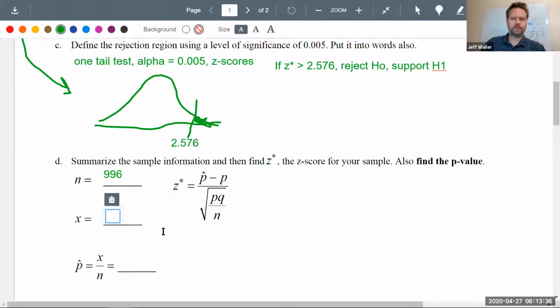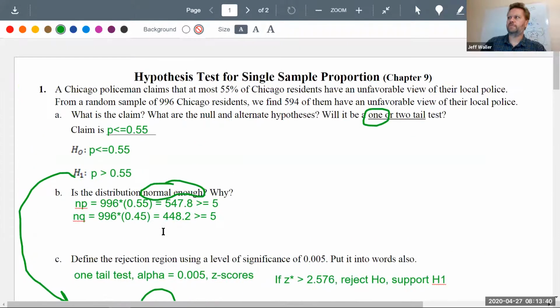What's the number of successes from our sample? We asked 996 people, and how many said yes?